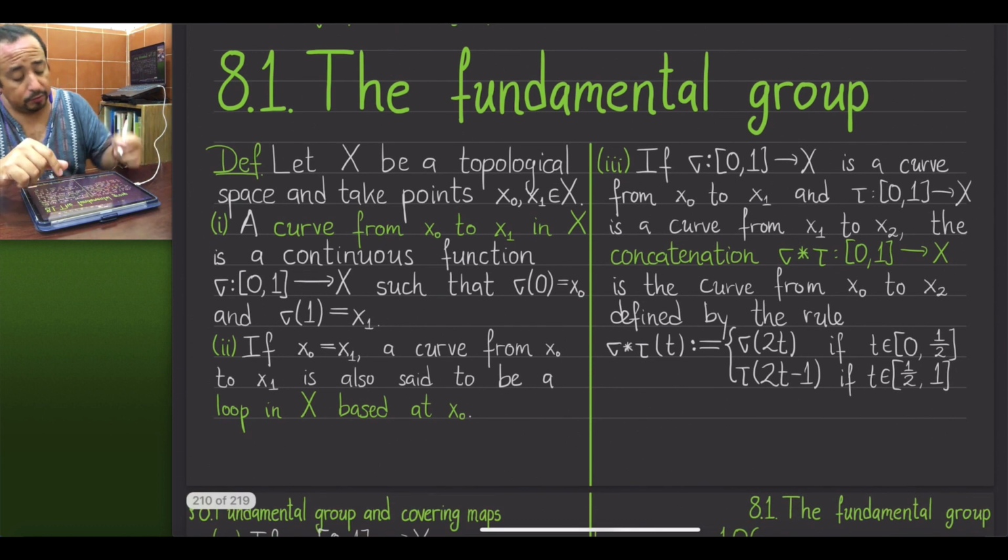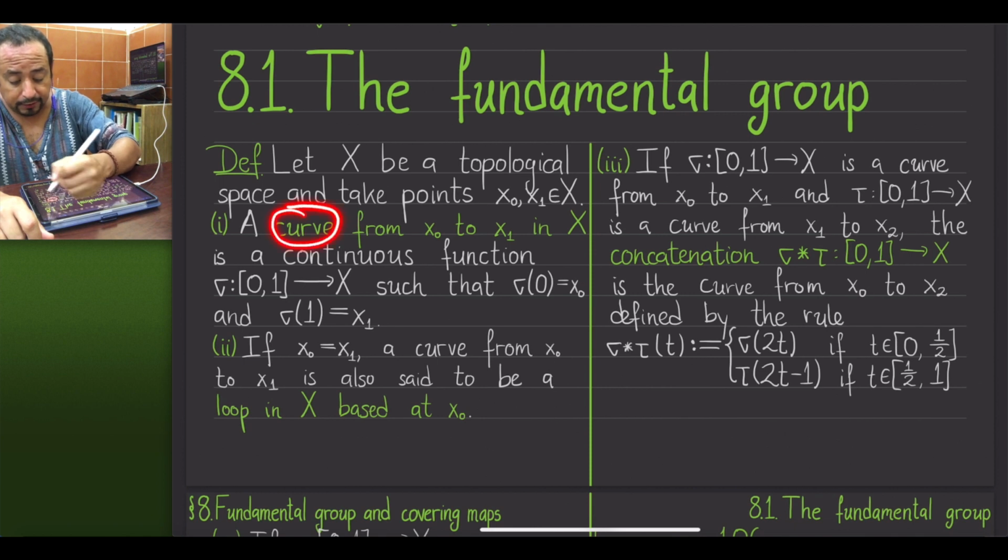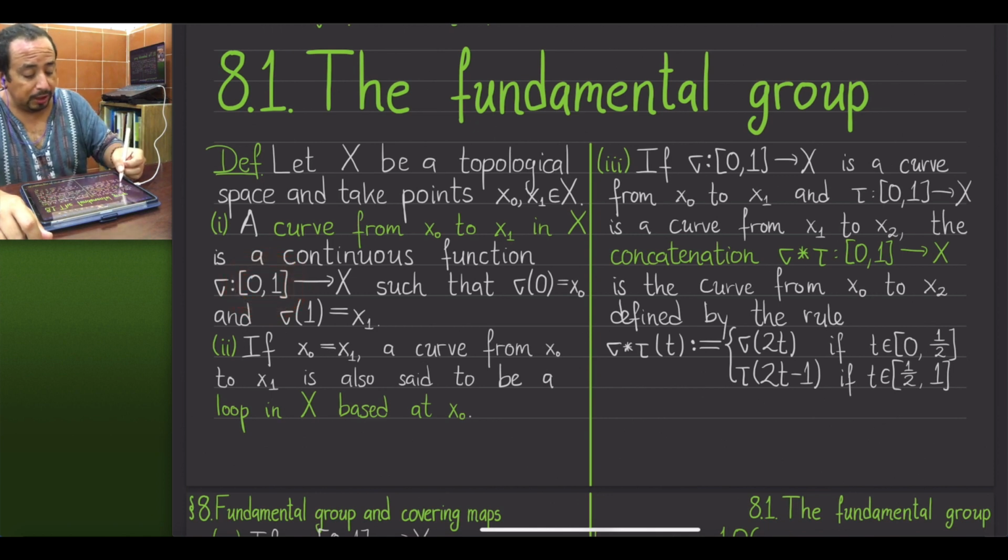Notice that I'm defining the notion of curve as a function with this specific interval as domain. That's why I'm careful here, because of the convention I adopted that I'm going to use only this interval.